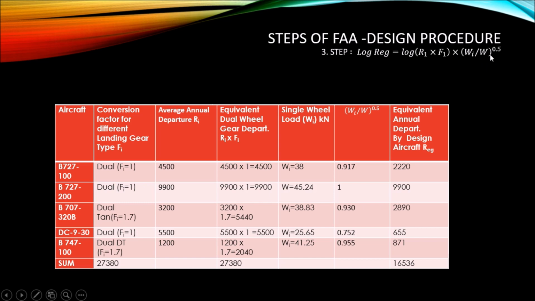As we've already explained this before, we now need to substitute. For the first aircraft, which is the B727-100, we have the wheel load. We've already obtained this, so we just fix this value here, 0.9. We bring out our calculator.